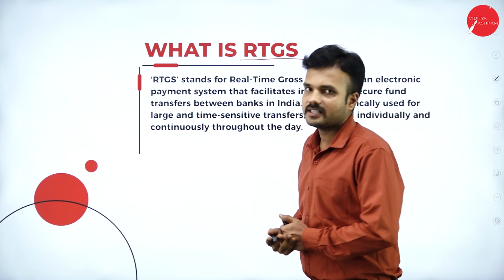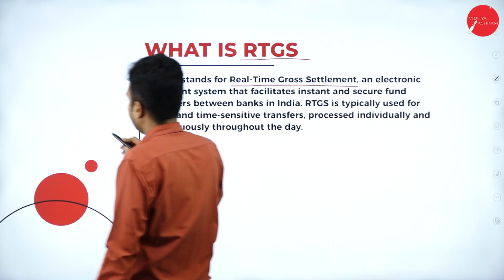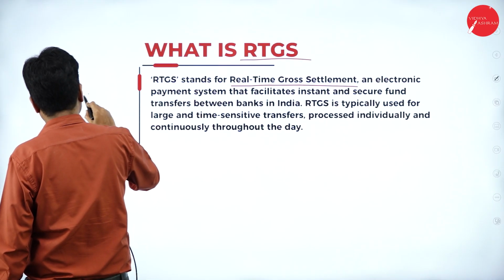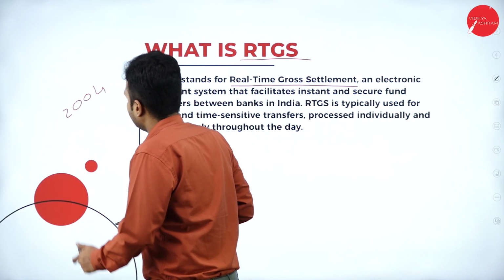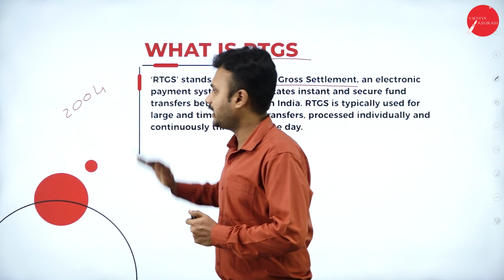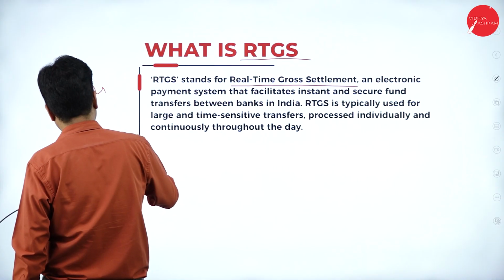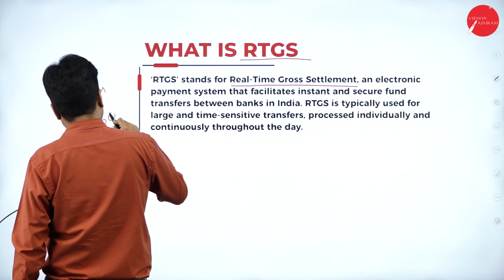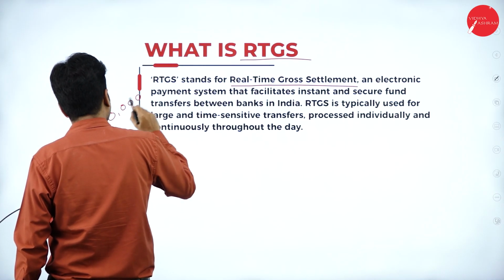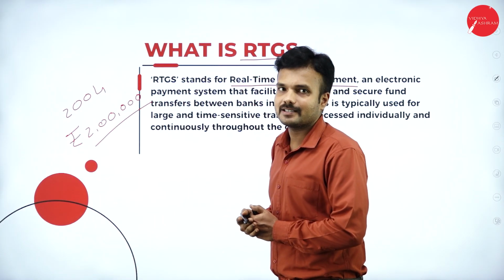This RTGS is real-time gross settlement. It was introduced in 2004, and there is a minimum limit for a transaction through RTGS, that is 2 lakh rupees. We are supposed to transact a minimum of 2 lakh rupees through this RTGS, right?